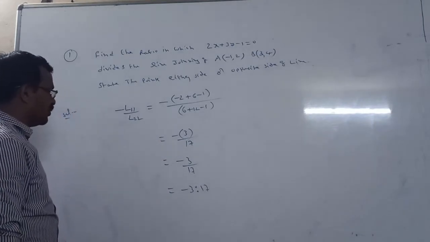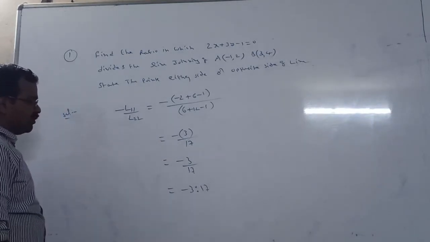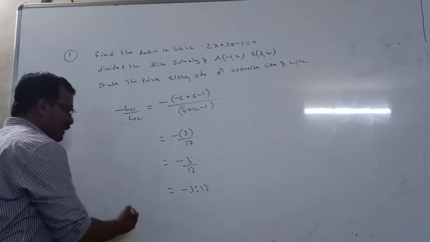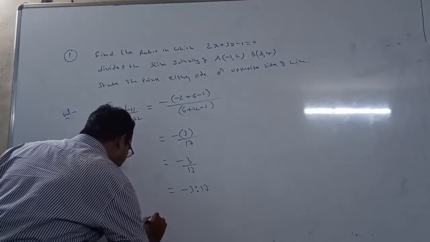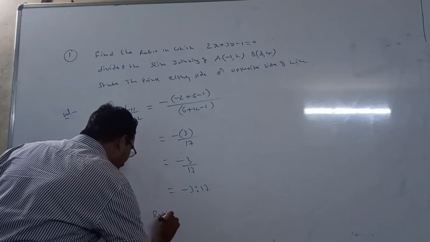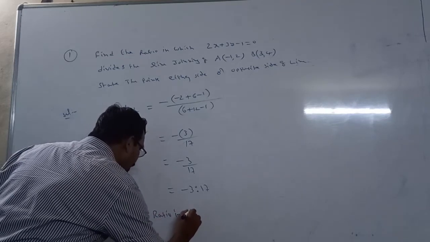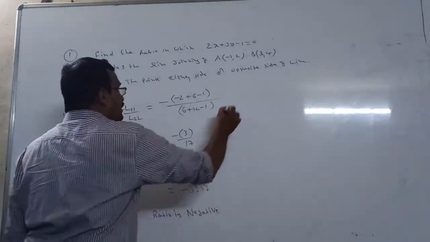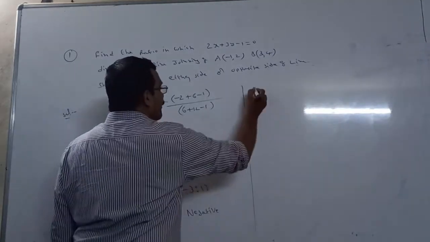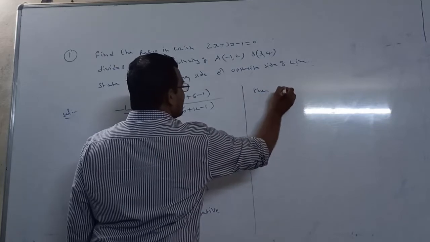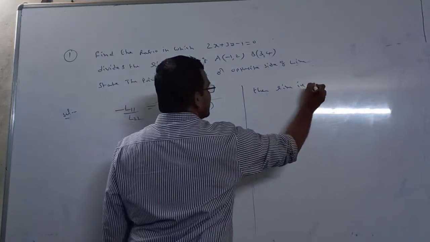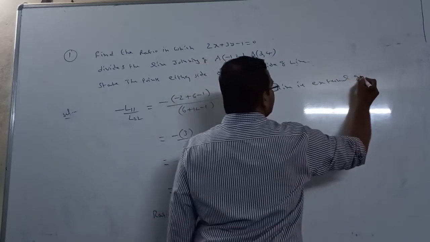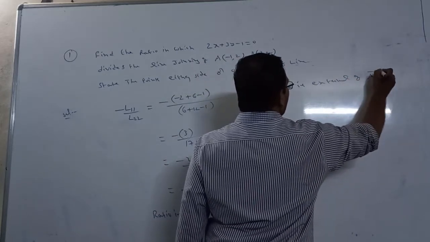Ratio is negative. Ratio is negative means the line is external to AB bar.